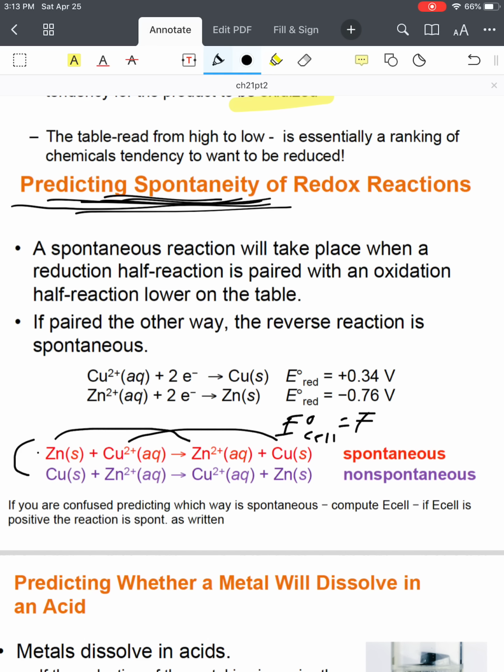Well, I do my E0 reduction, or cathodic reaction, minus my E0 for my oxidation. And as this reaction is written, which is my reduction? Oh, look. It looks like it's my copper, isn't it? Copper is being reduced. Copper has a standard reduction potential of a positive 0.34 volts versus the SHE.